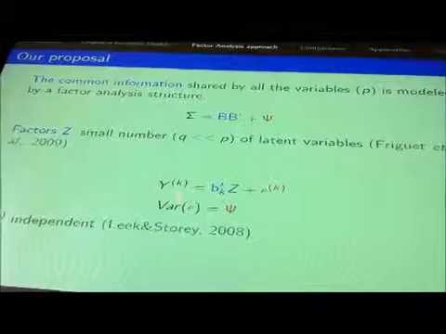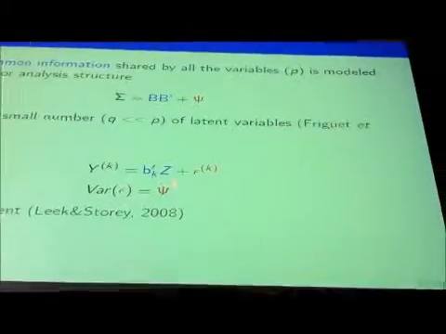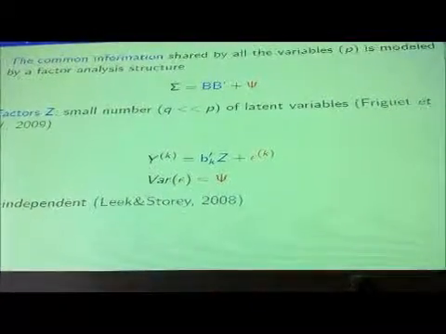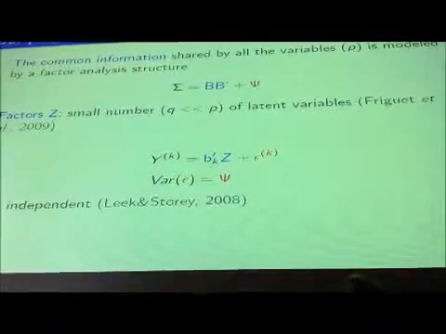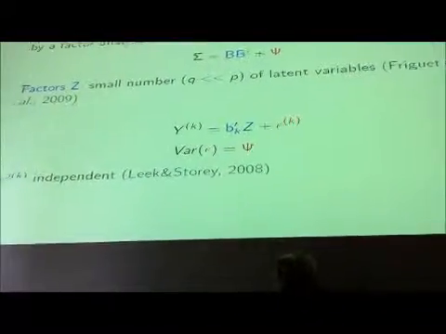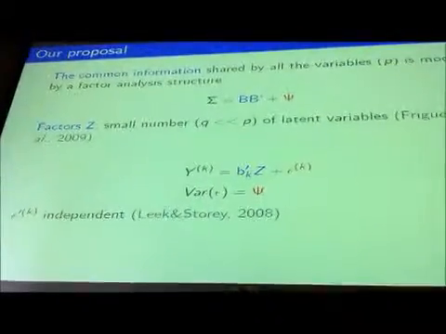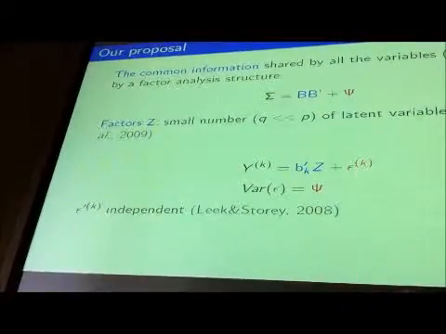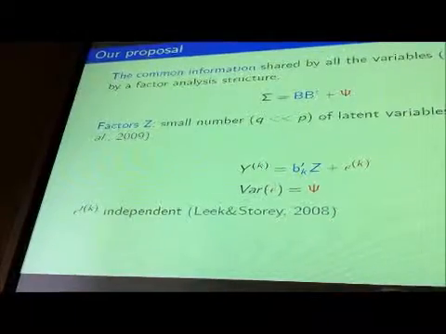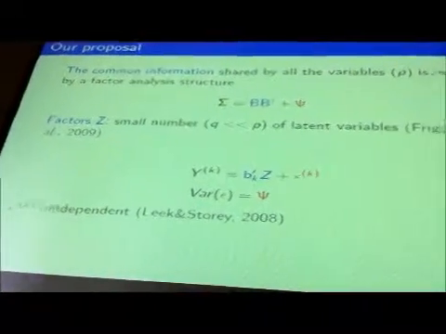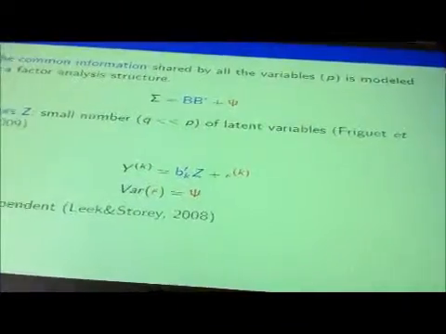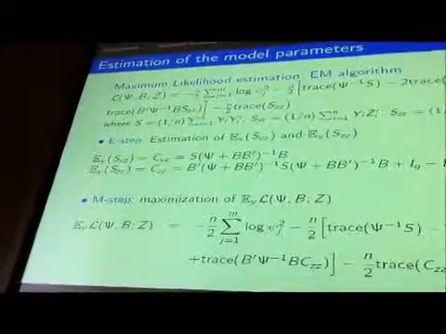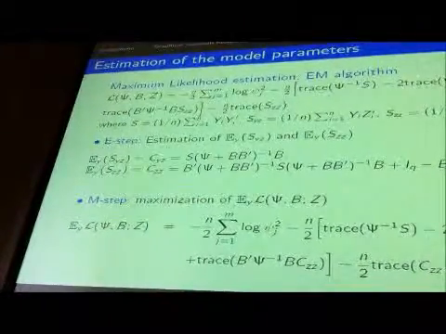And in terms of the data matrix, it's the same. The common information is captured by factors, represented by Z here, into Q factors, with Q lower compared, of course, to the number of genes, and a specific part contained in the residuals. To estimate the parameters of this model, we use an EM algorithm.